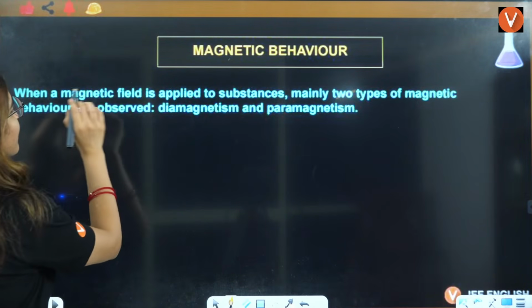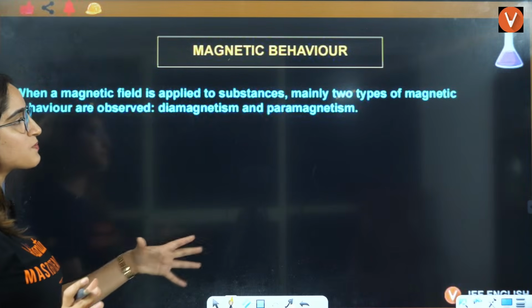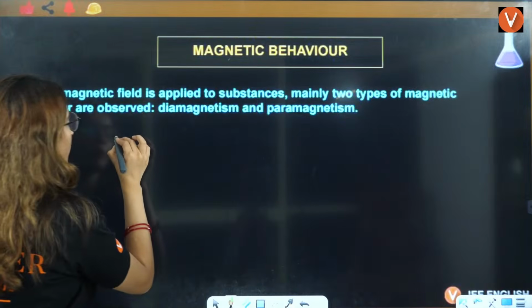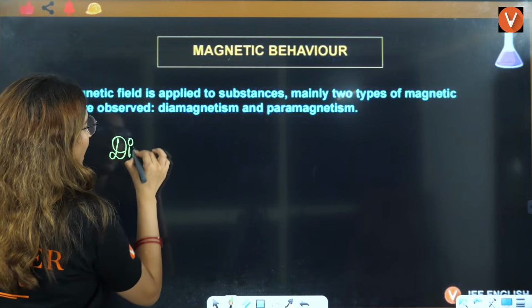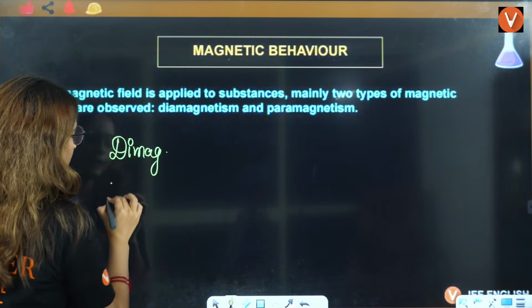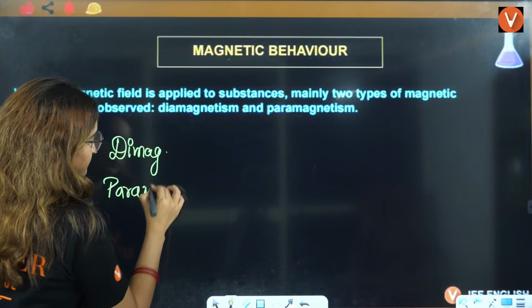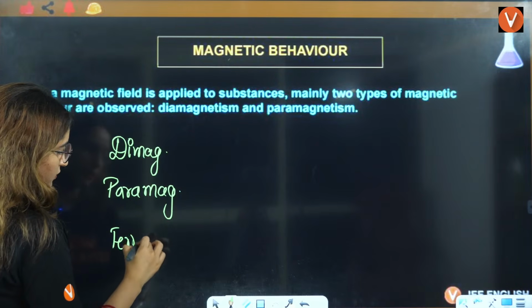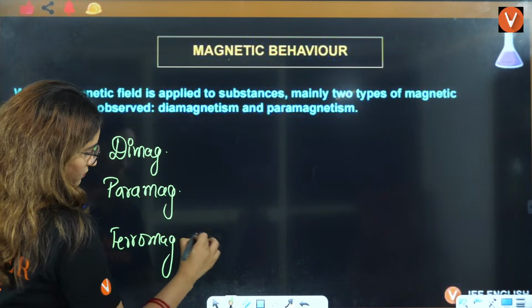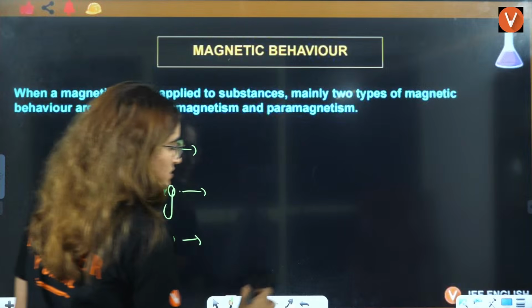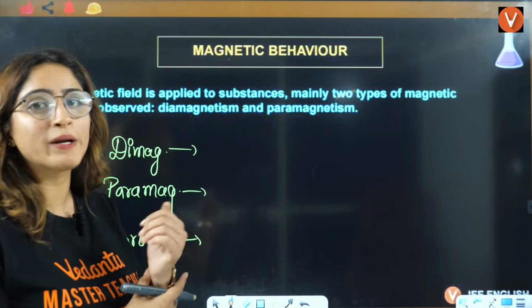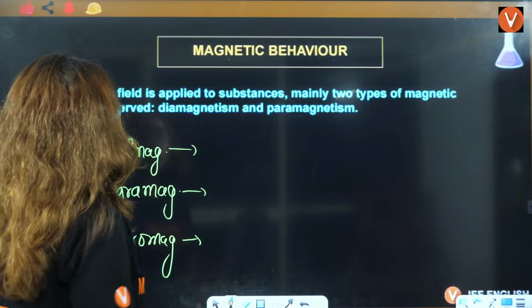Now, when a magnetic field is applied to a substance, mainly 2 types of properties happen. In fact, I'll talk about 3 types. One is diamagnetic, then there is paramagnetic, then there is ferromagnetic. Those are in your syllabus. Otherwise, you have ferri also, anti-ferro also, but in chemistry you don't have them.